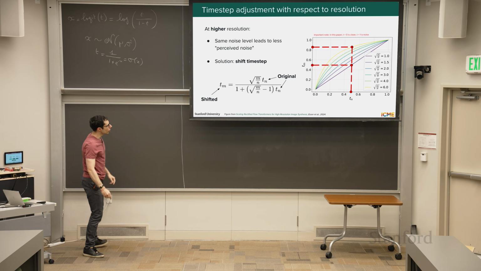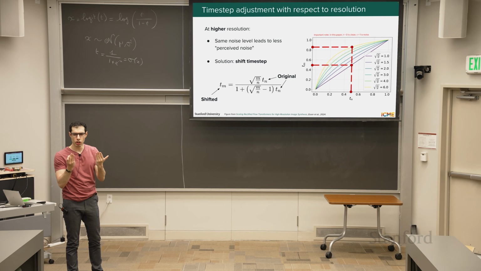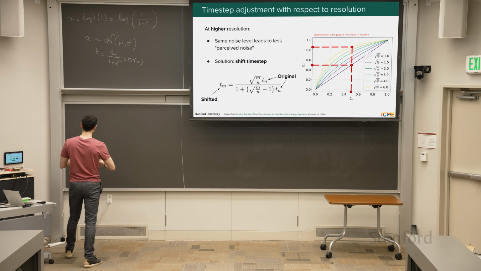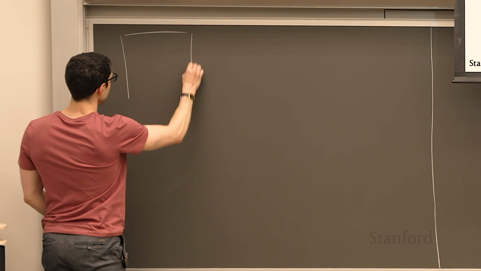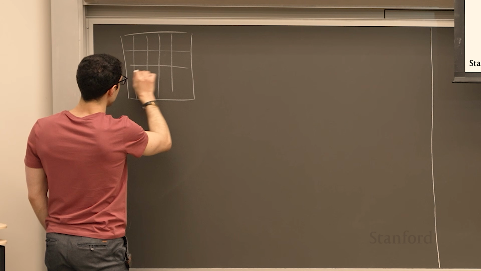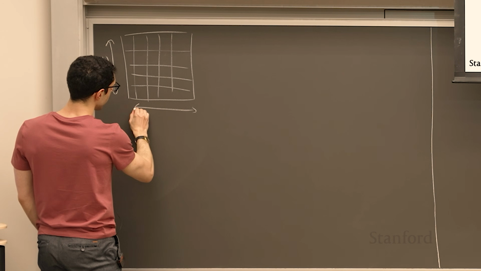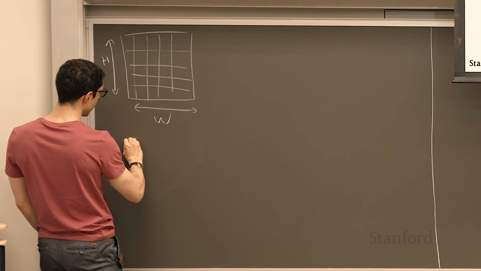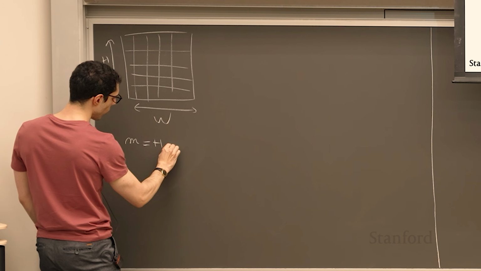The formula on the slide is all about reflecting the change in uncertainty of pixel values that are noised under different resolutions. So let's assume that we have an image. You can think of it as having some height and some width, and let's say m is this one.